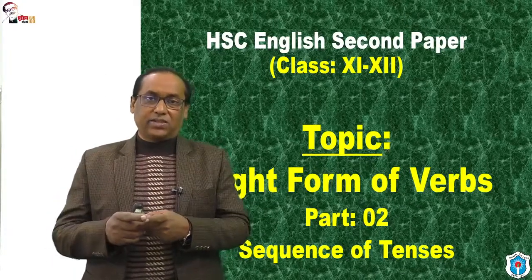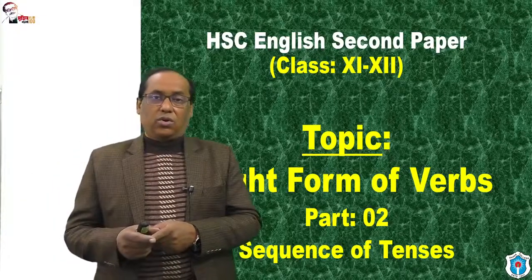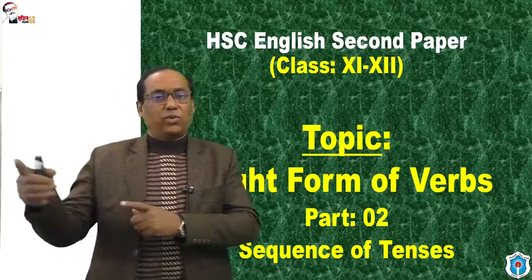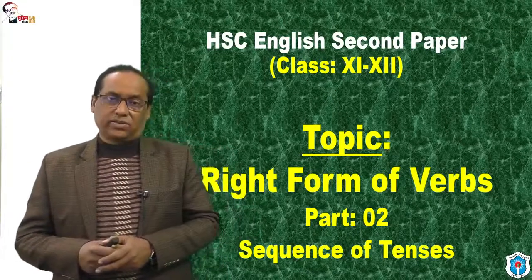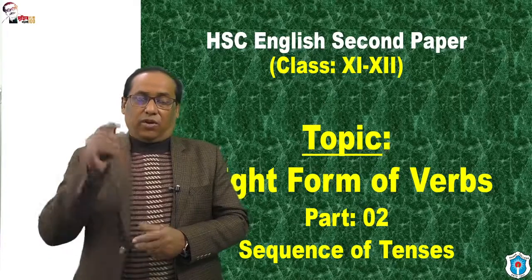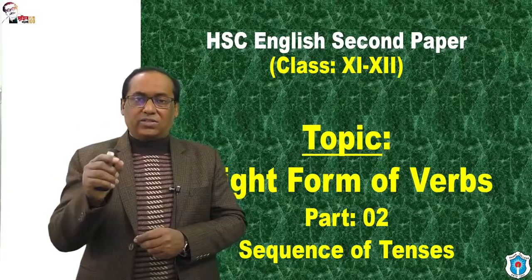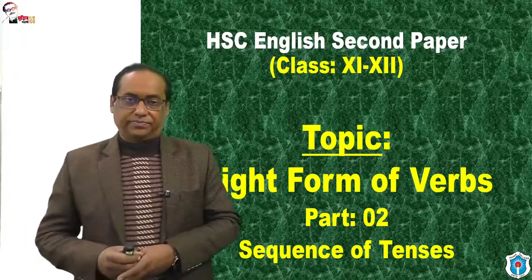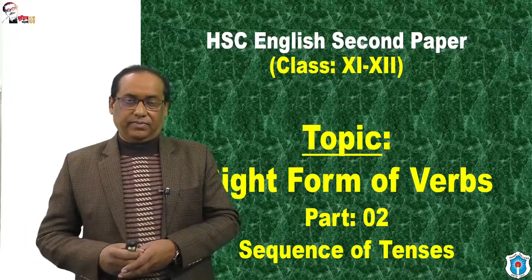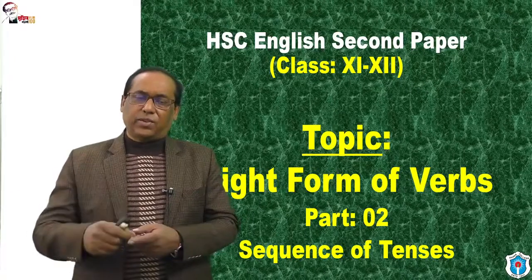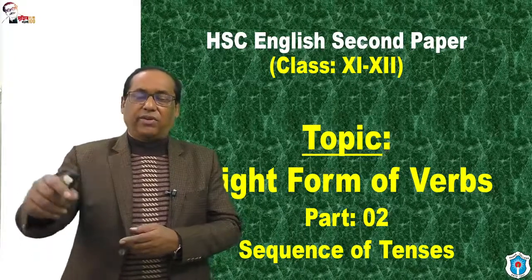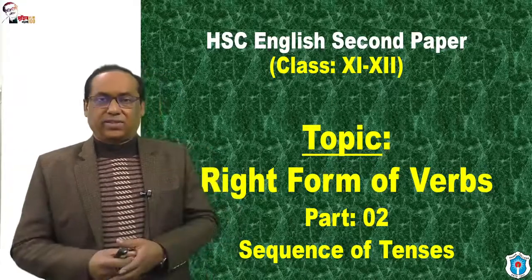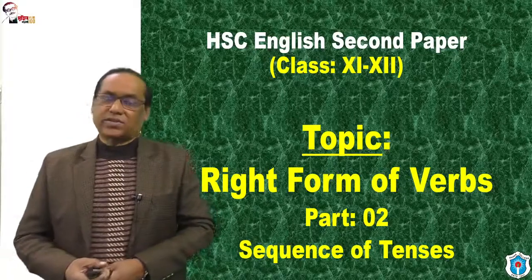Sequence of tense is related mainly to complex sentence as well as compound sentence. For sequence of tenses, we need at least two clauses. Okay? Sequence of tenses is not related mainly to simple sentence, but to complex sentence as well as compound sentences.